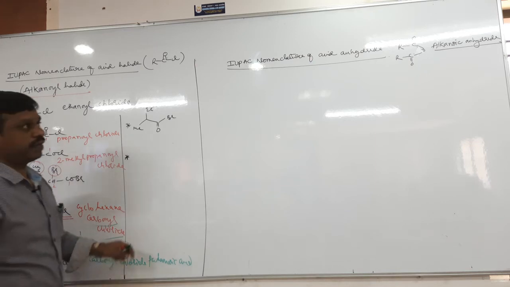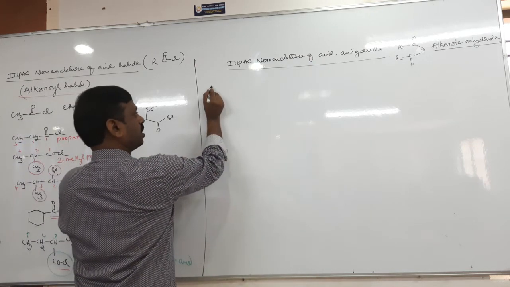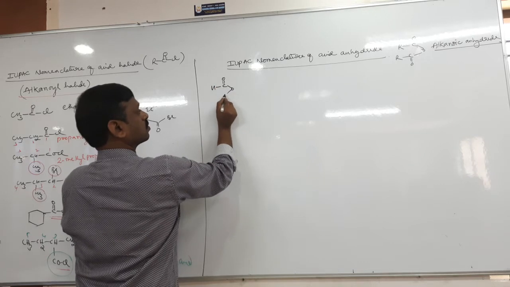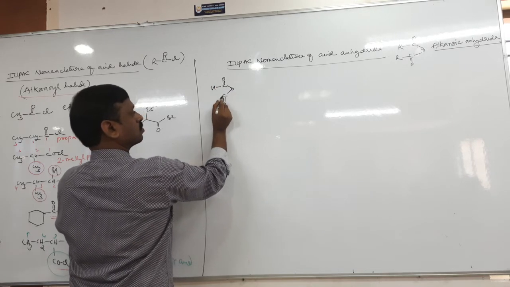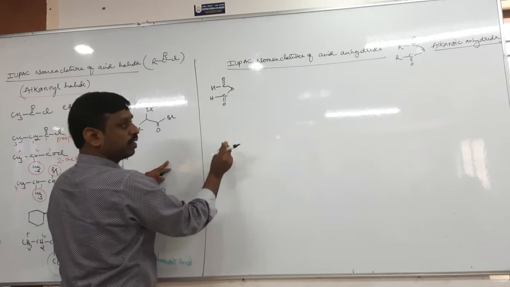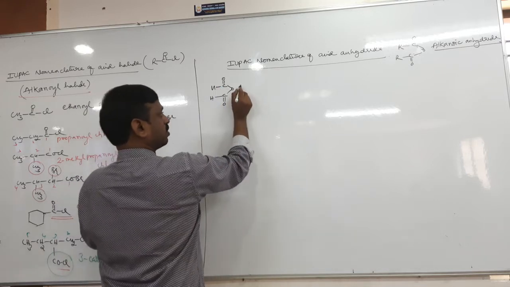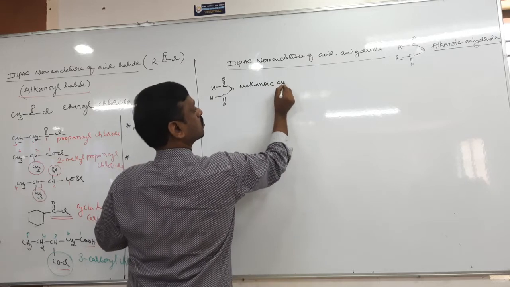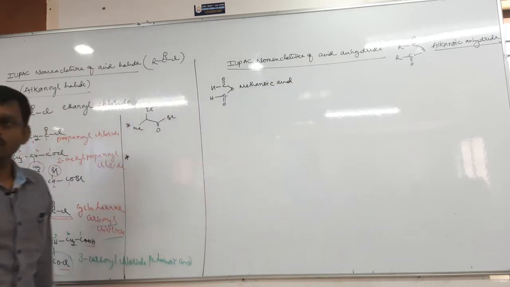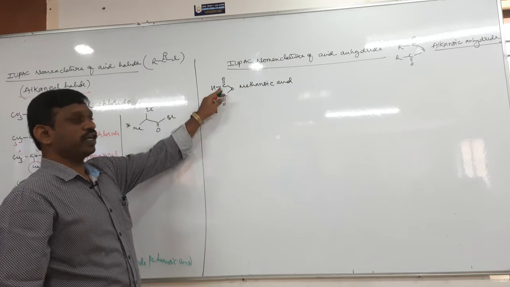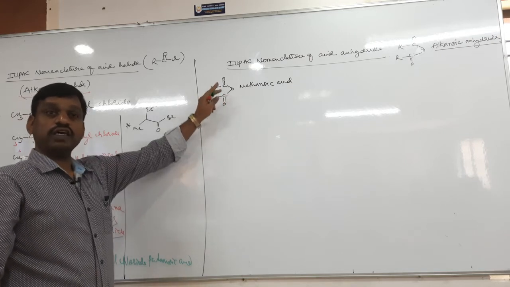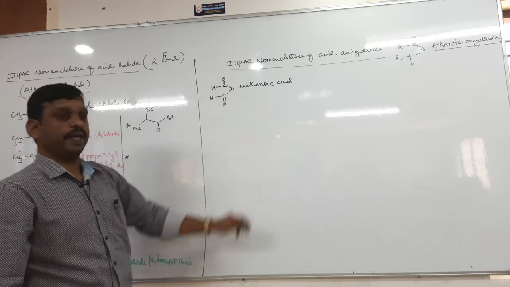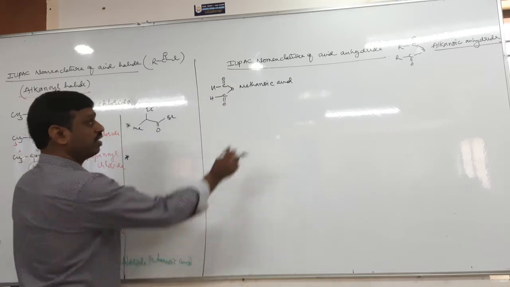Alkanoic anhydride. Tell me, for example, if there is 1 carbon, it is methanoic. You need not write dimethanoic. It's understood. Methanoic anhydride, in the sense that there are two methanoic groups. Methanoic anhydride.